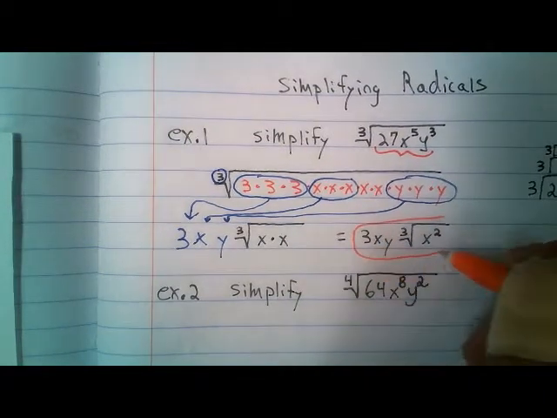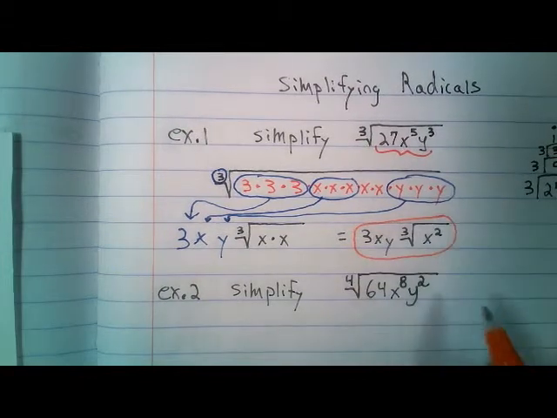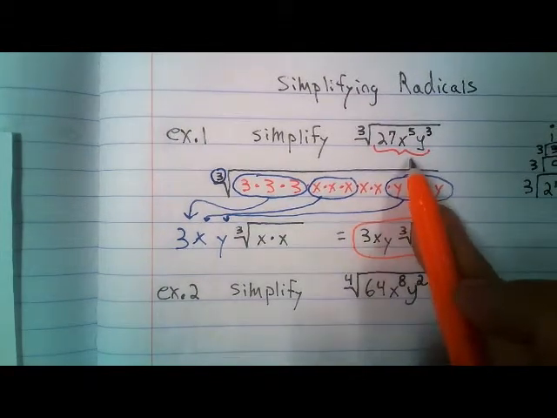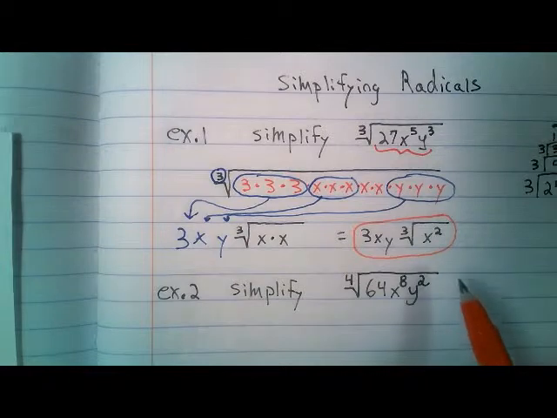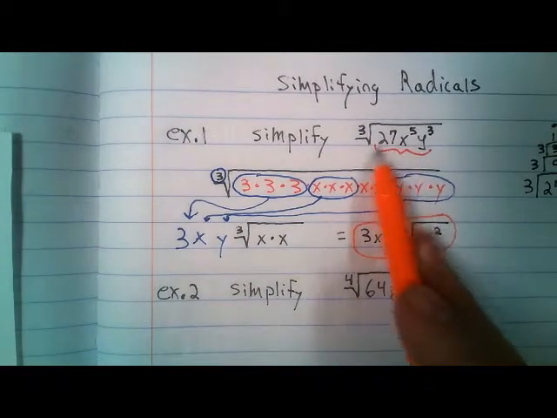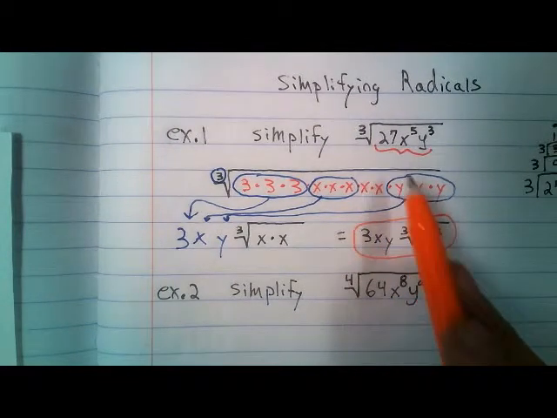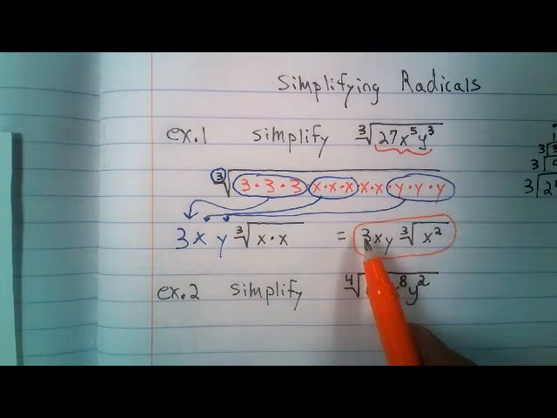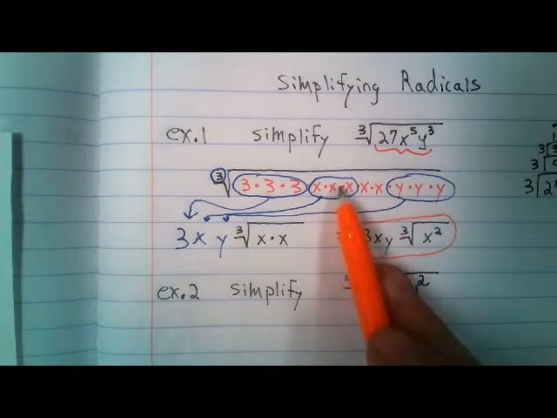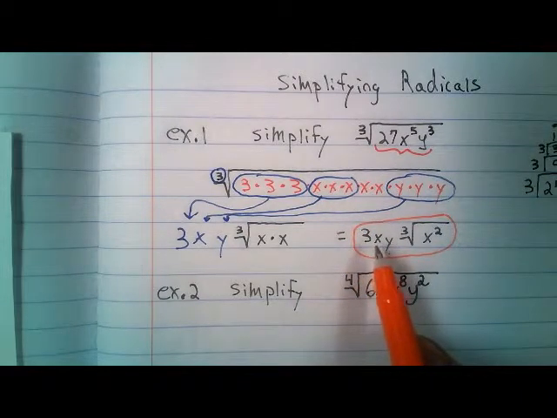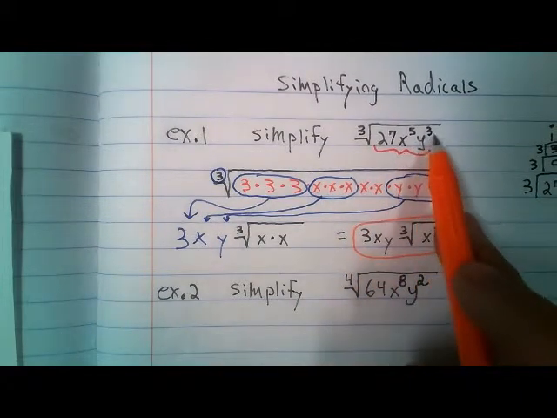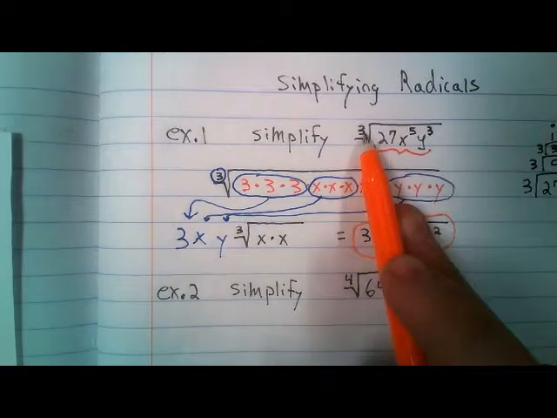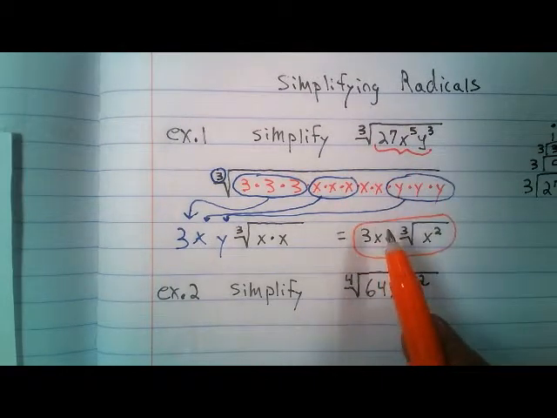And I'm circling that in a third color, which is orange. I know it's hard to see the difference between red and orange. So what I've done is I've pulled out perfect cubes. 27 is a perfect cube. It's 3. X cubed is a perfect cube, so I pulled out an x. Y cubed is a perfect cube, so I pulled out a y.